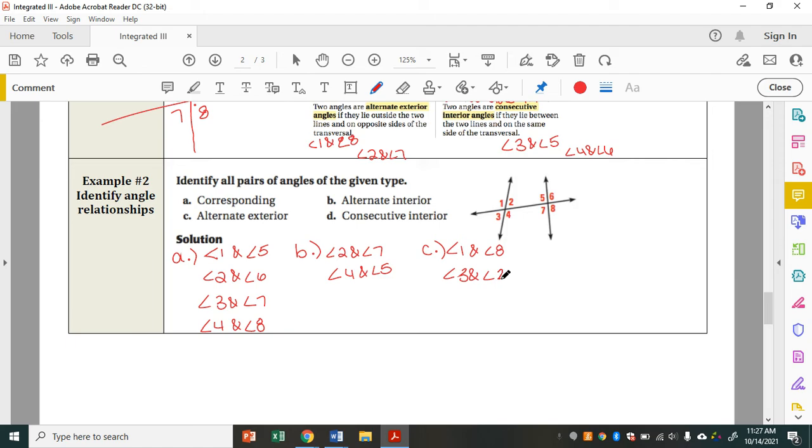Again, only 2 examples here because there's only 4 exterior angles. In the last one, consecutive interior, or again, we can label that as same side interior, one example would be angle 2 and angle 5, and the other example would be angle 4 and angle 7.